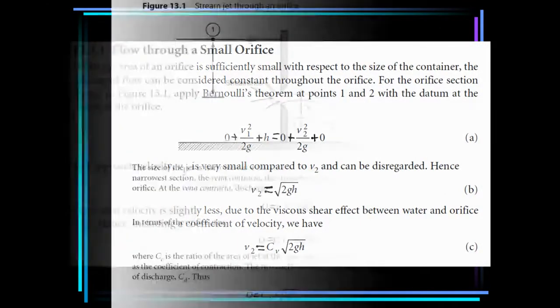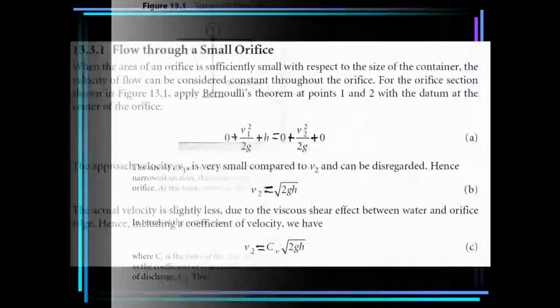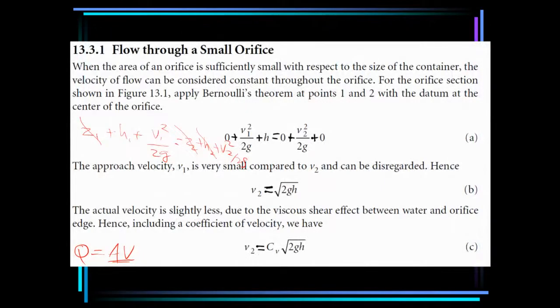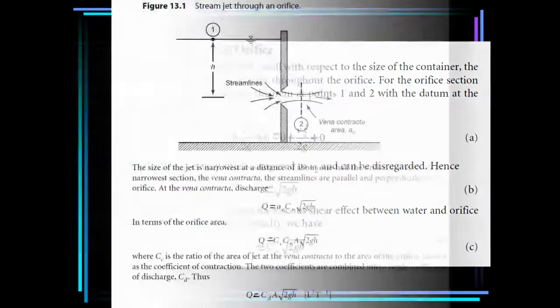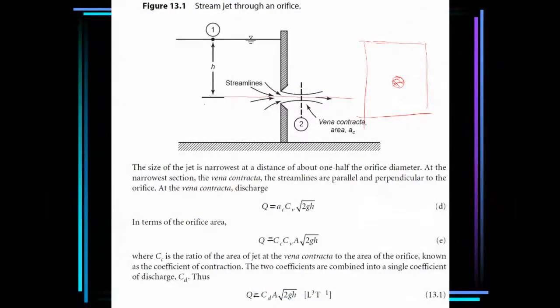Of course, the approach velocity V1 is very small compared to the velocity V2. It becomes very small because the flow rate Q is the same, equal to AV.